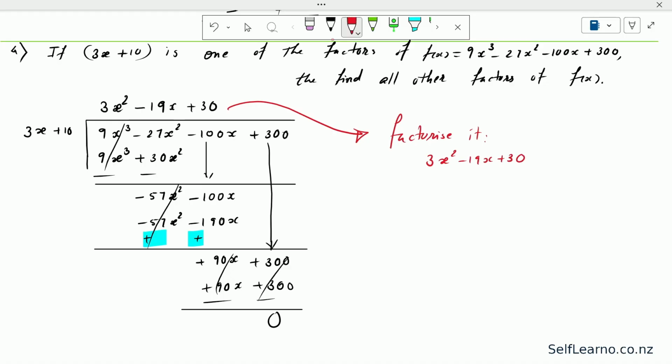You have to have a method to factorize this, and if you do the factorization, you have passed level 2. So I expect that you know the method. You will get 3x minus 10, and the other factor will be x minus 3.